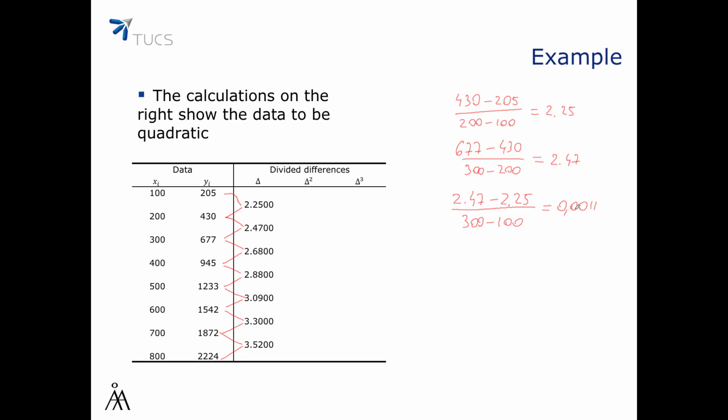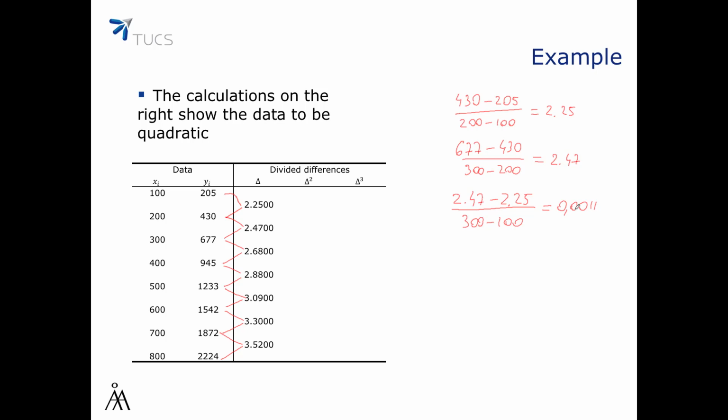For the x coordinates of these points, we choose the extremities of the x range that they represent. In our case, the first value was the divided differences between x at 100 and x at 200, and the second difference was from 200 to 300. So thus, we use for the current calculation 300 minus 100 in the denominator.